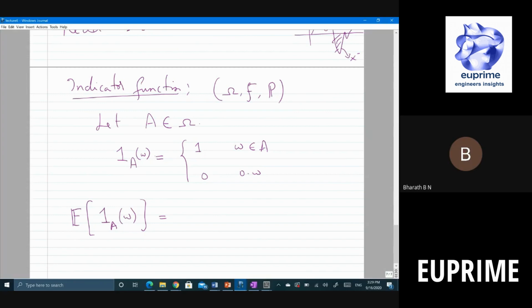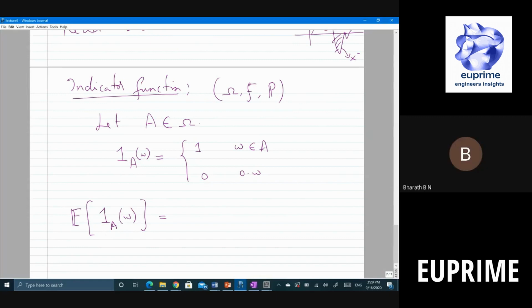Then you approximate the amplitude in each part of the partition by some height. That's called a simple function. You refine the partition so that in the limit the function will be the same as whatever approximation. So can somebody tell me what this is? Probability of A. So how do you show that? Sir, it will be 1 for all the entries, then we are just adding the probabilities of each element in that event A.